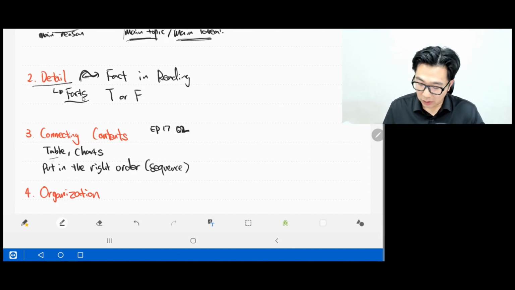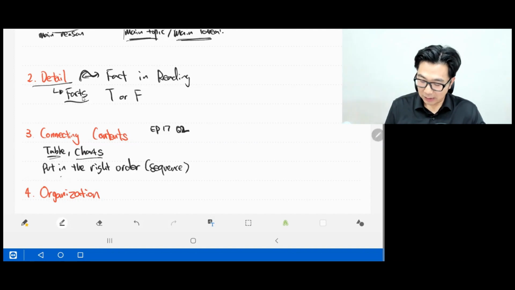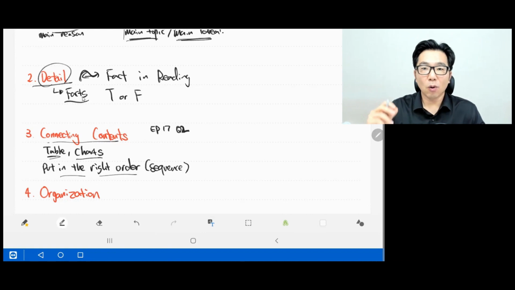So when they use a table or chart, it's usually a detail question in a different format. Okay, and sometimes they ask you to put 4 steps in the right order, first step, second step, third step, fourth step, and the answer could be D, C, A, B. Okay, all right. So that's connecting contents, but more or less, in essence, if you're strong in detail questions, if you understand all the information right, then you will not have much problem.